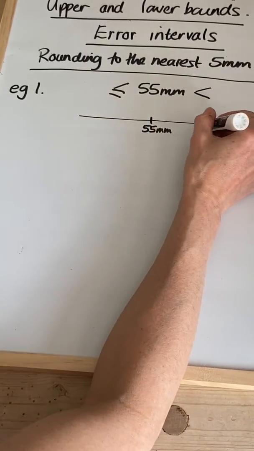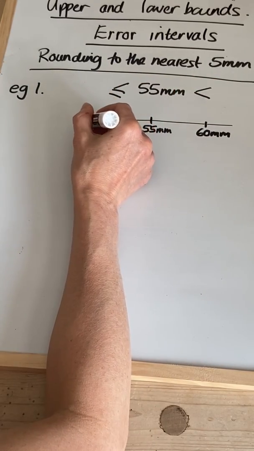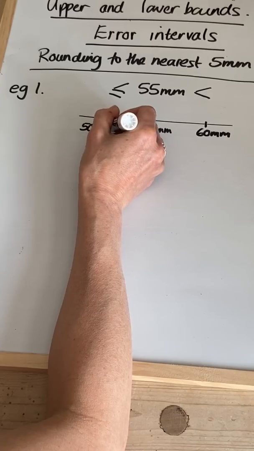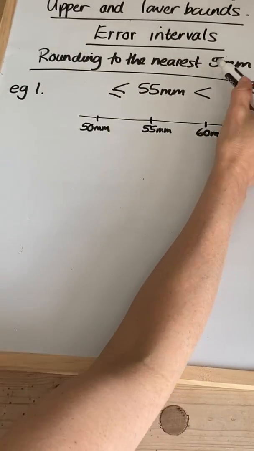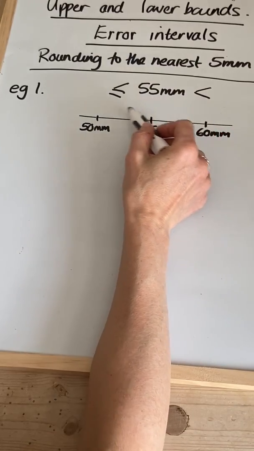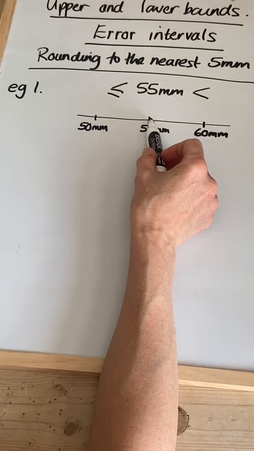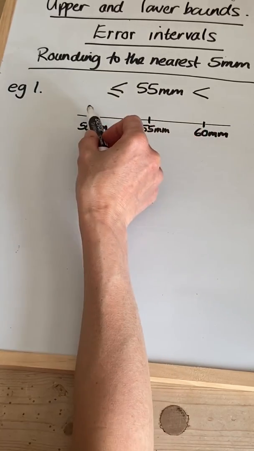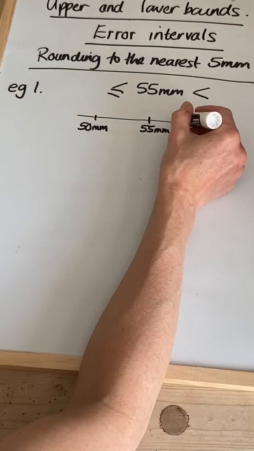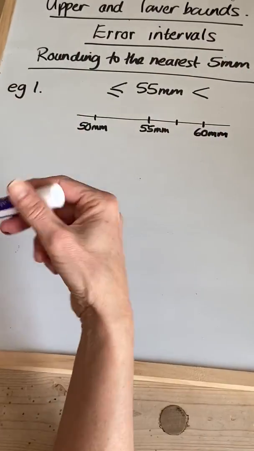So the one next up the number line would be at 60, and the one below that on the number line would be at 50. Take your intervals here and here. Think about how big they are. On this occasion, they are 5 millimeters and 5 millimeters.